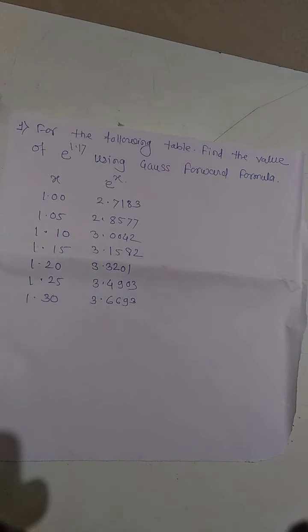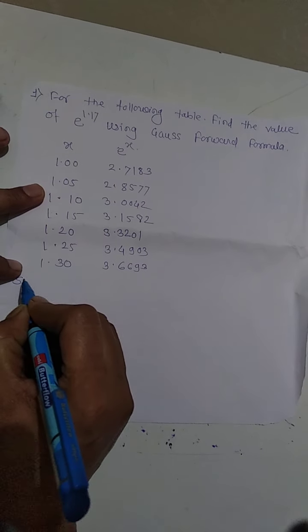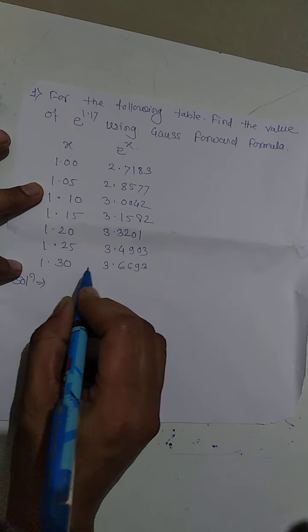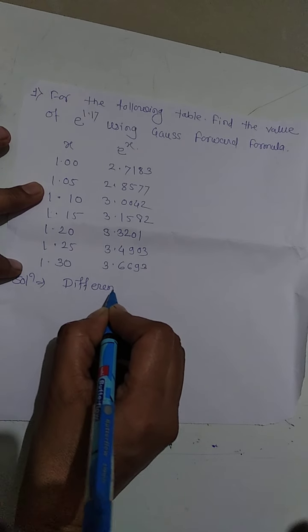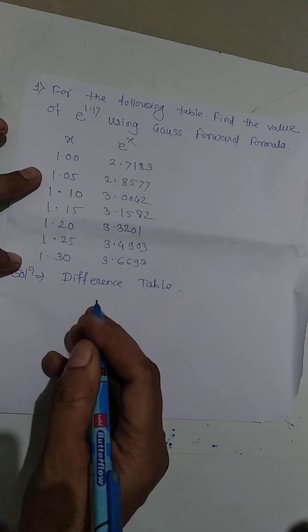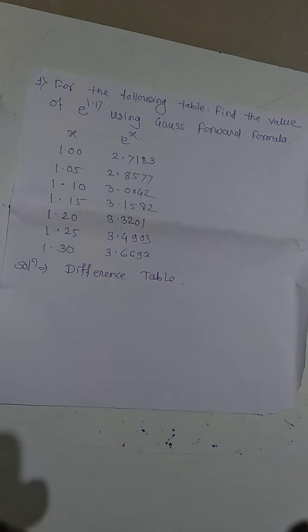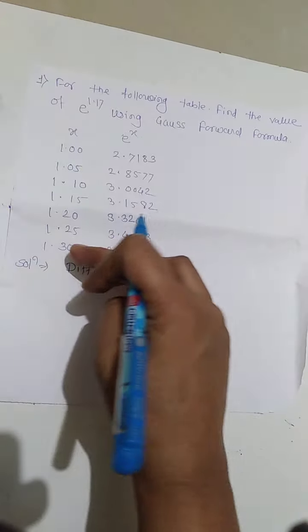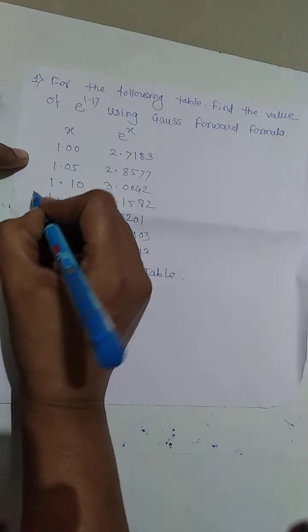Then first write the difference table. Solution of this problem: first write the difference table. We write the value of x0. Here the middle point is x0.